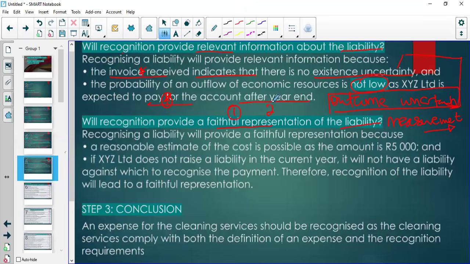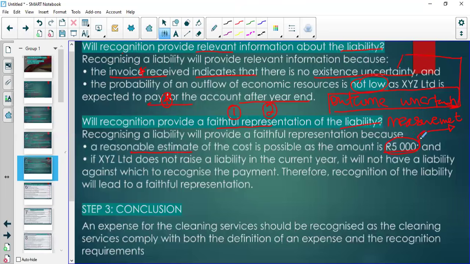And secondly, is there going to be a mismatch, right? An accounting, a recognition mismatch. Okay, that's also a concept of faithful representation. So we have a reasonable estimate because the cleaning is invoiced as 5,000. So we don't have a problem with that.